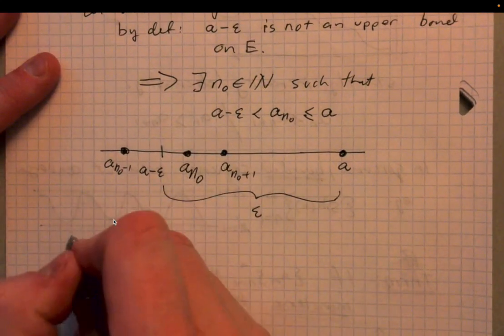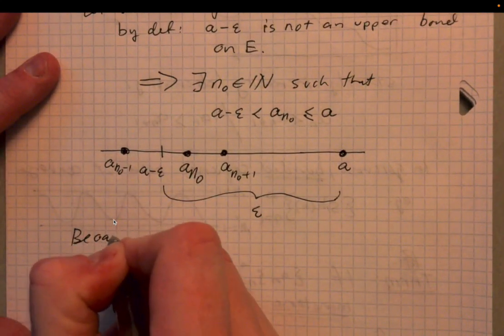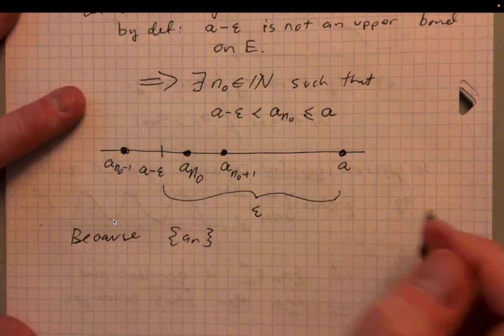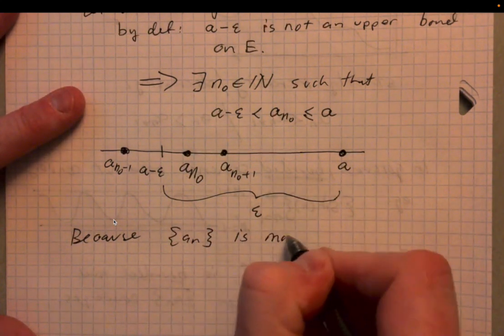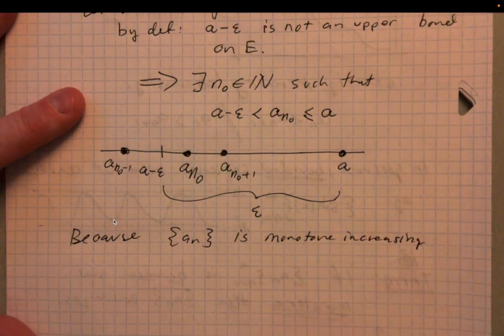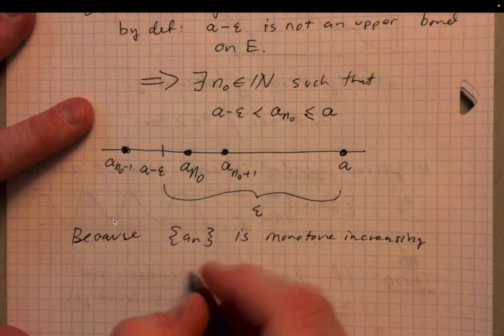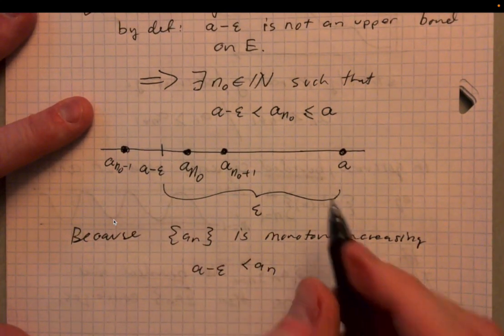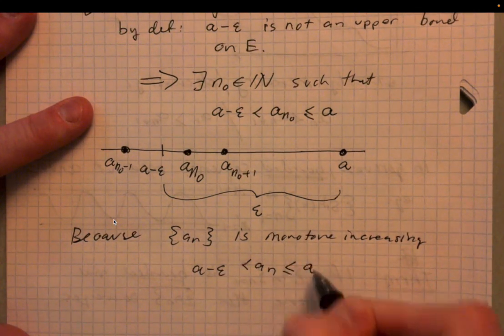And then what we can say is that because the sequence a sub n is monotone increasing, we have A minus epsilon is less than a sub n, which is less than or equal to A, right?